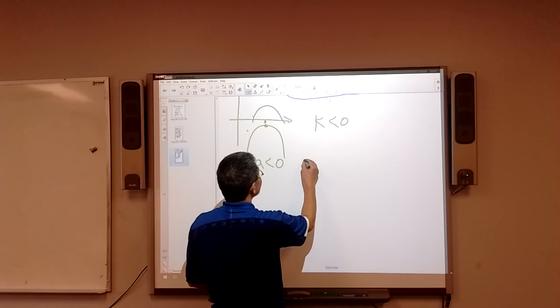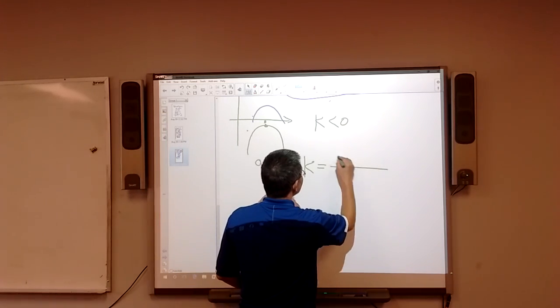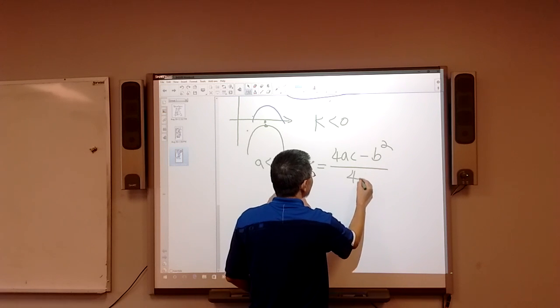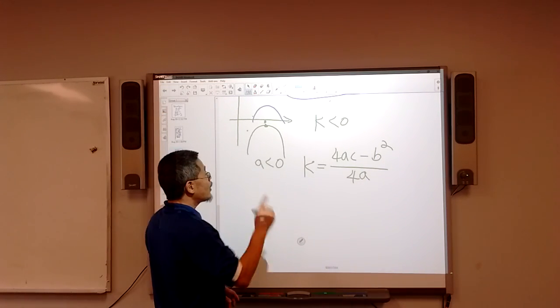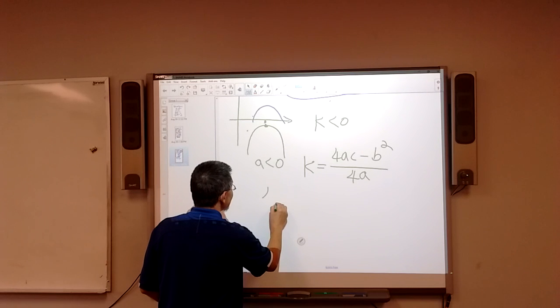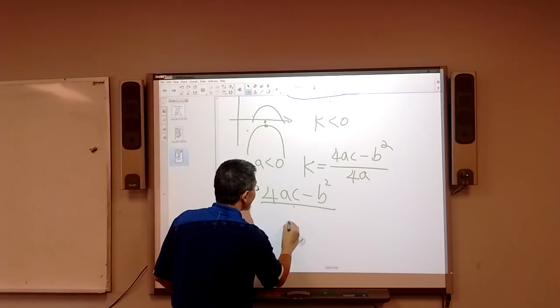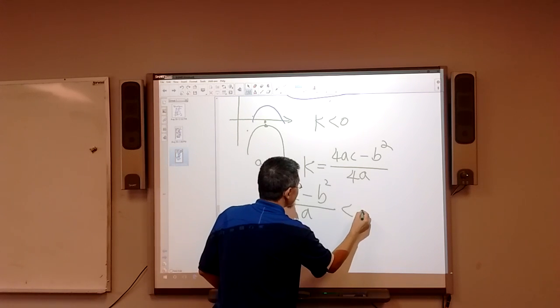K is equal to 4ac minus b squared over 4a, right? And if k is less than 0, that means 4ac minus b squared over 4a is less than 0.